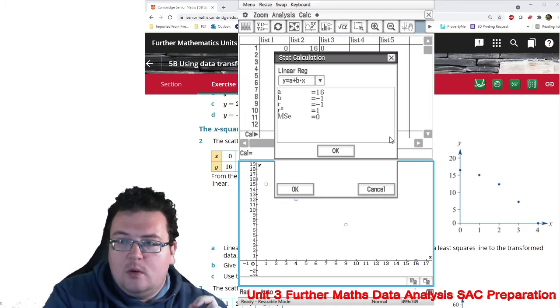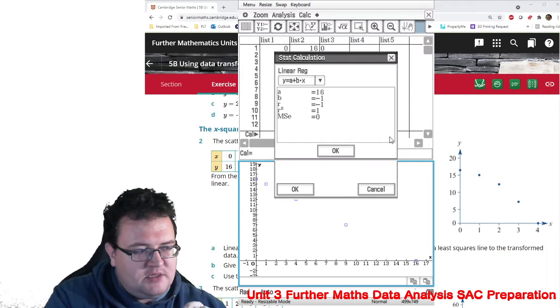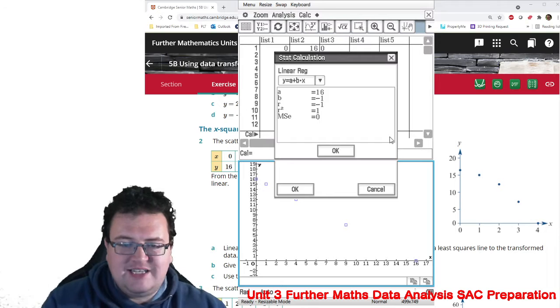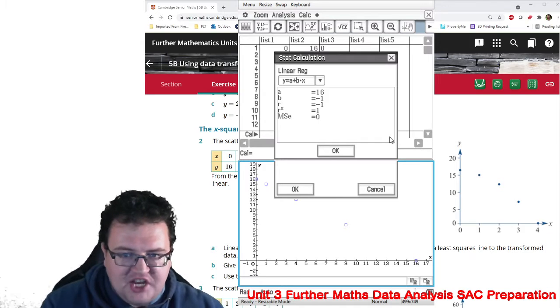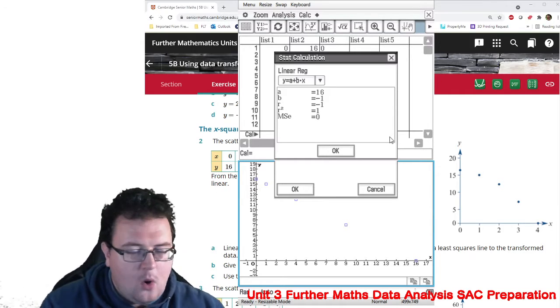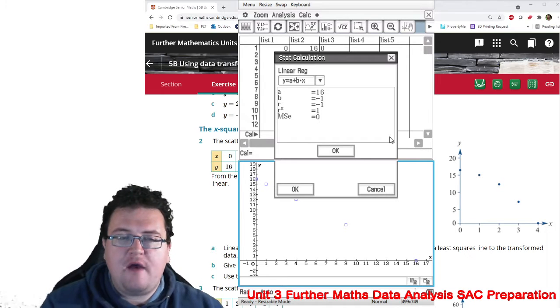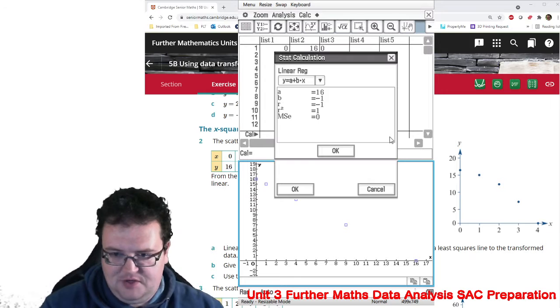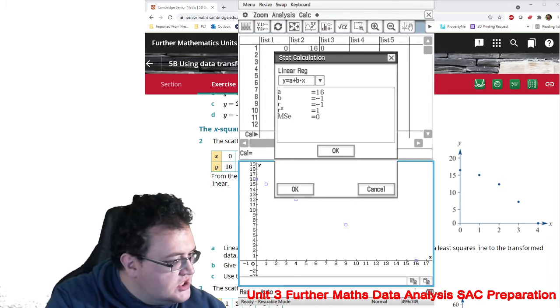Now, where that comes in, and I'll answer your question in a moment, Athava, where this becomes important is when you're required to give the actual equation. When you're required to give the actual equation, you have to remember what transformation you actually did to it.